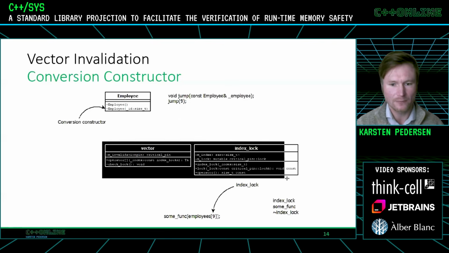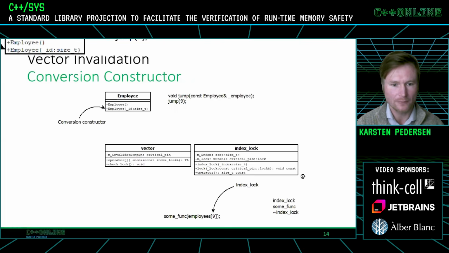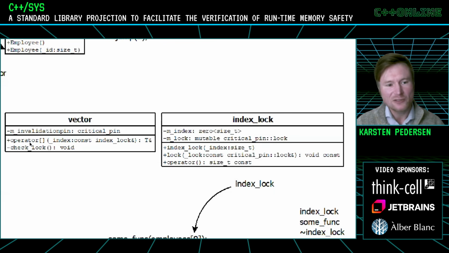So, it didn't render that well on this. Zoom in a bit. So essentially, here, it takes in not an integer, but an index lock. But because this index lock has a conversion constructor that takes in a size_t, that will just work. So effectively, we can now pass in 9. This will be promoted.